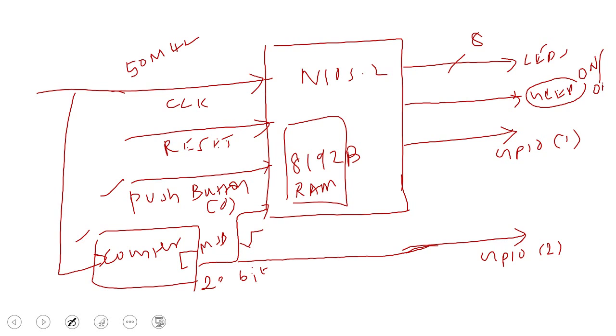So this 50 megahertz clock will be divided by 2 power 20. If you see the frequency of this most significant bit, the 50 megahertz is now divided by 2 power 20. That comes around 47 point some megahertz.